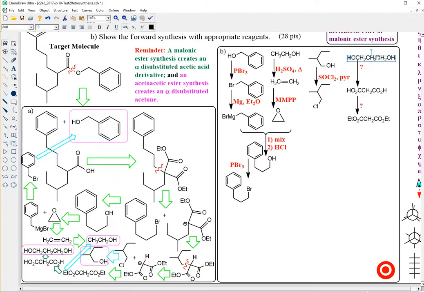1,3-propane diol can be converted to malonic acid using potassium dichromate in the presence of sulfuric acid in an aqueous environment. Sorry about that, that's symbol font there.